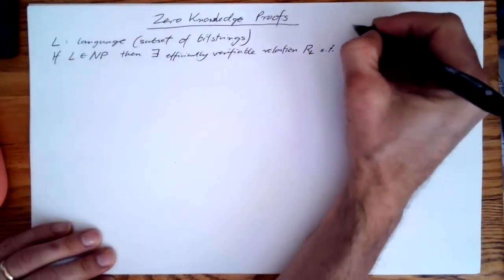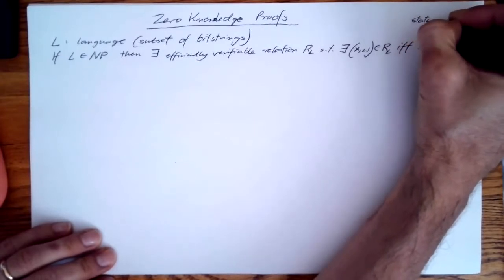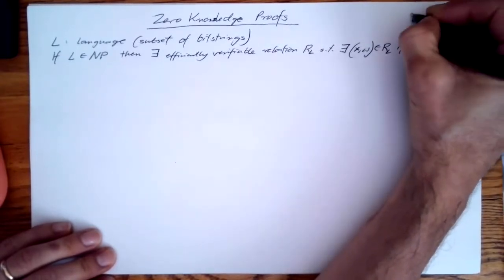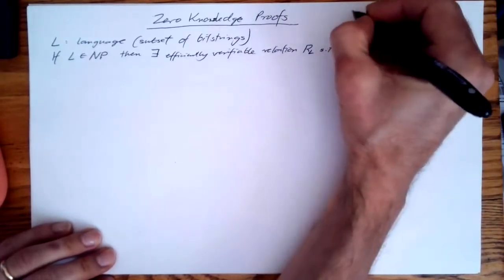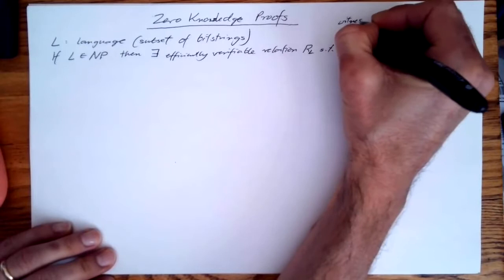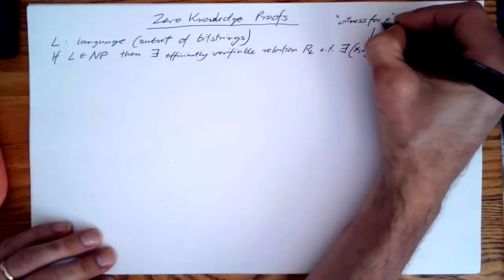So we call x a statement, a statement in the language, and we call w a witness for x in L.